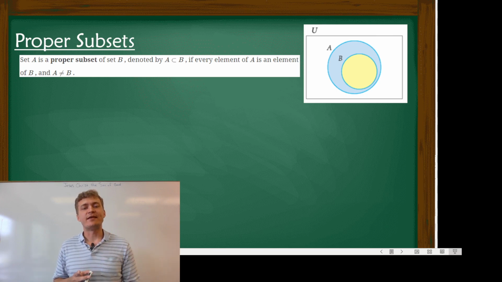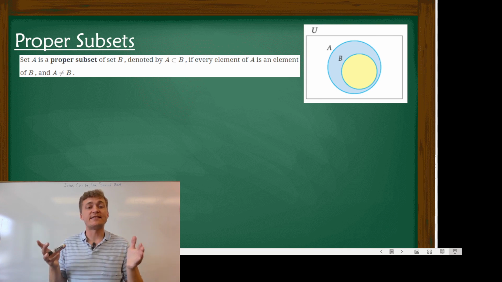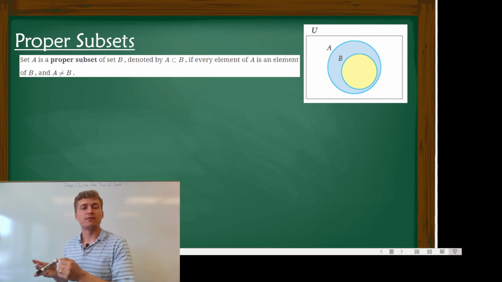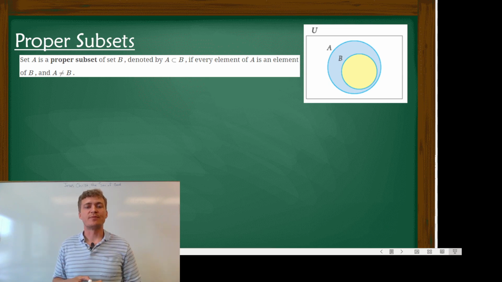And we got down to the end and found that the set itself is a subset of the set. But it's not a proper subset. Proper subsets are sets, but the 2 sets can't be equal.